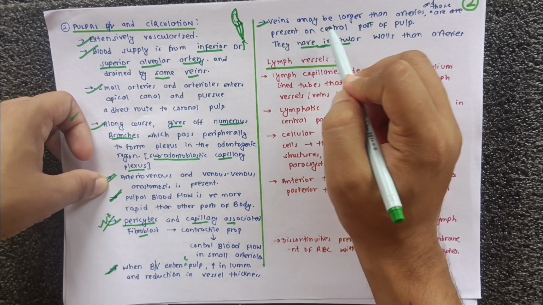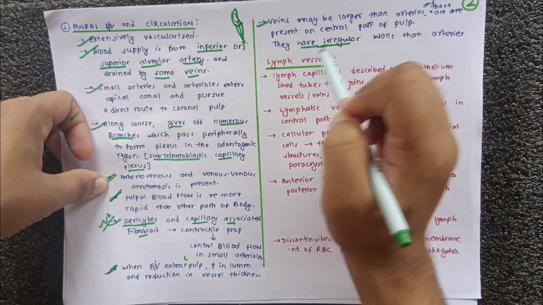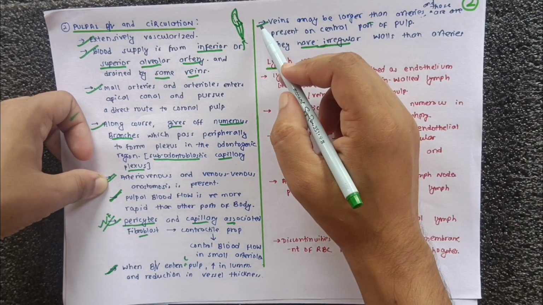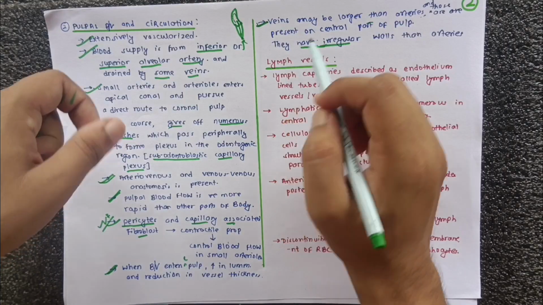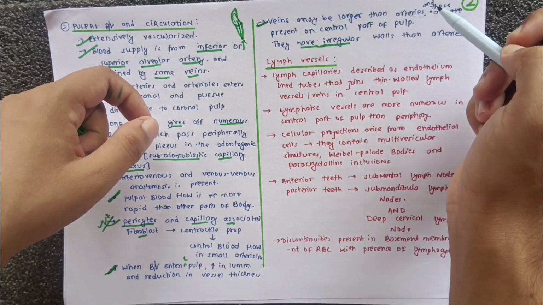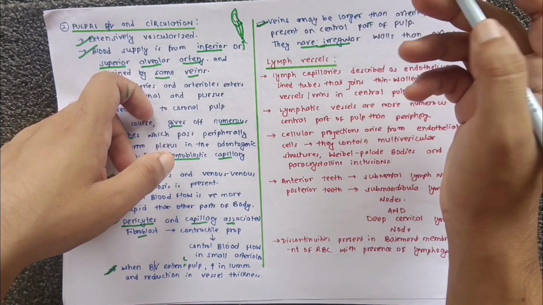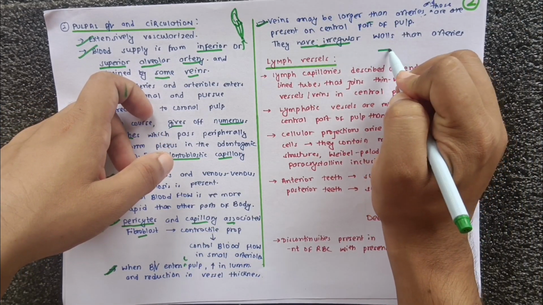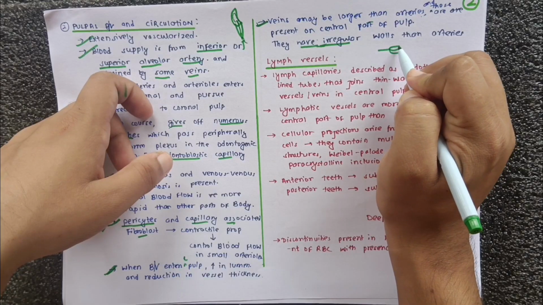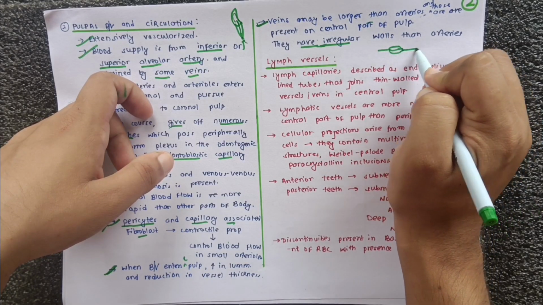After that, veins may be larger than the arteries, and those are present in the central part of the pulp, and they have more irregular walls than the arteries. In general physiology, I think you know this: first there is the artery, then there are capillaries, and after the capillaries there is the vein.